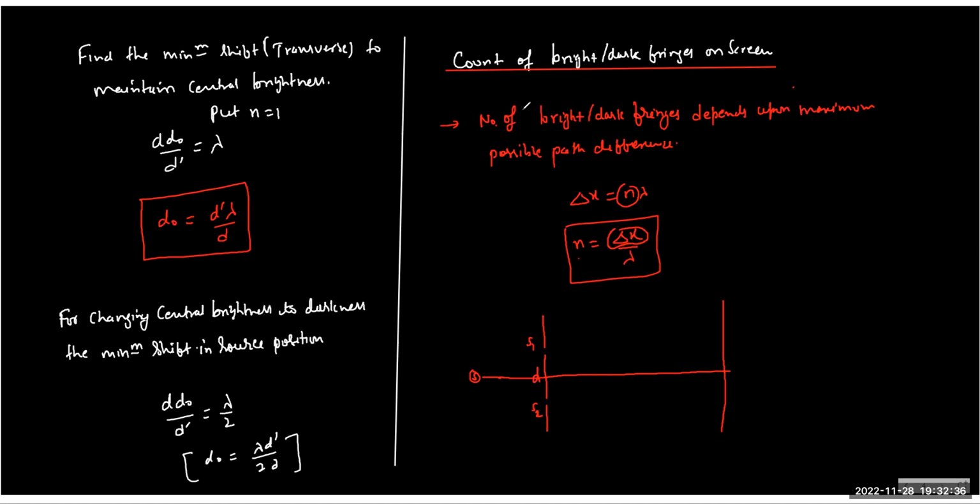What is the maximum path difference I can create? D. Exactly, because from S1, S2, wherever you go, the difference cannot exceed D. In fact, we cannot attain exact D here. So we can only attain fractional D.